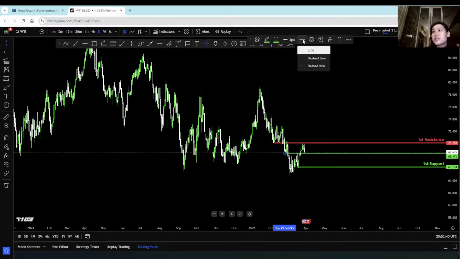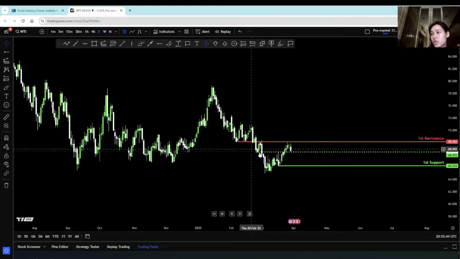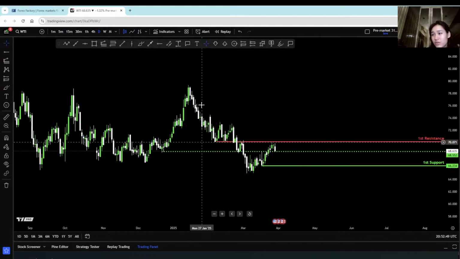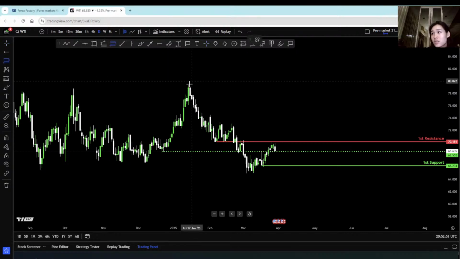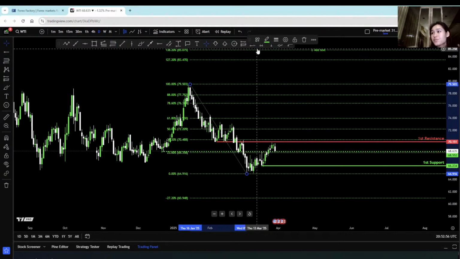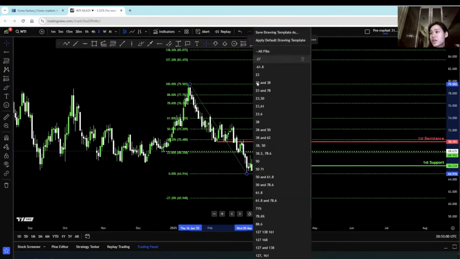Okay, I'm gonna add an intermediate support as well. It's because at this level you can see price tested it quite a few times in the past. Now going in with our Fibonacci levels. 23 and 38 line up.